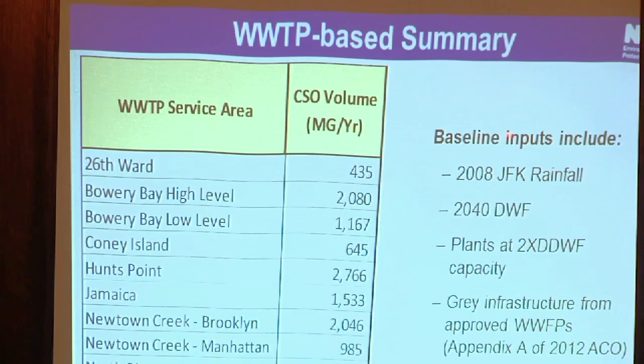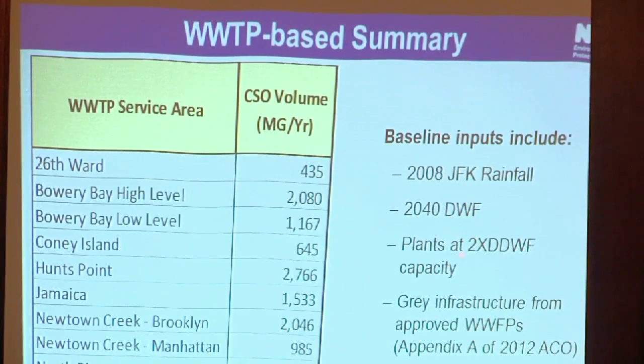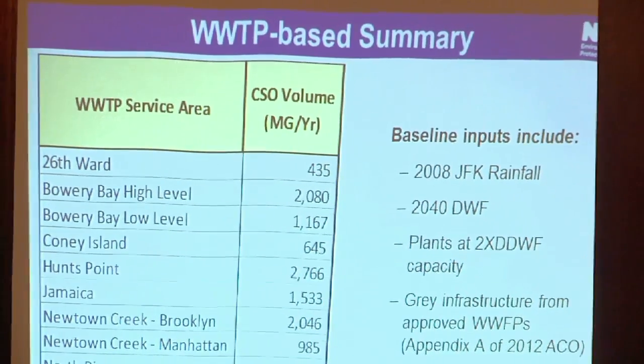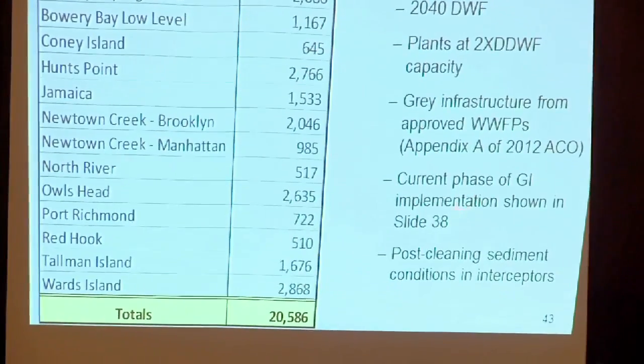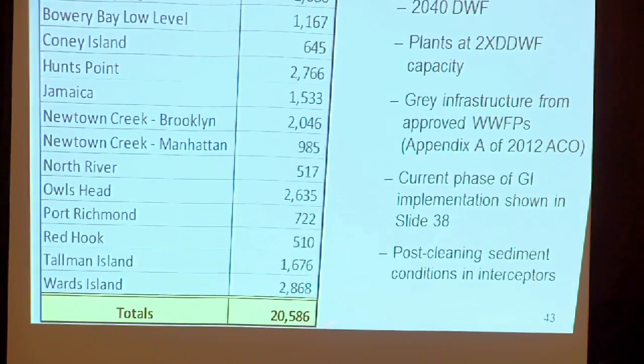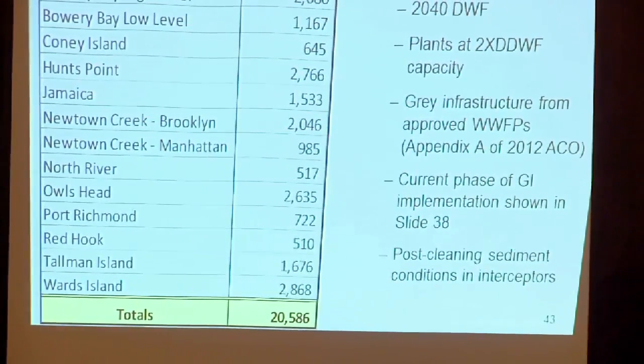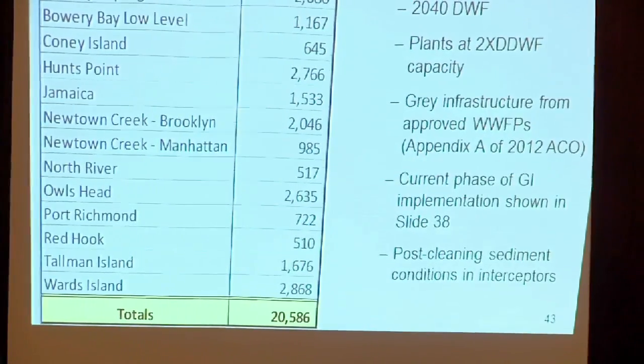So these include the baseline inputs like the 2008 rainfall, 2040 dry weather flow, etc., including the current phase of the GI implementation that I showed in slide 38, and post-clean sediment conditions in interceptors. So this 20 billion gallons of overflows is our baseline CSO flow condition on a citywide basis.